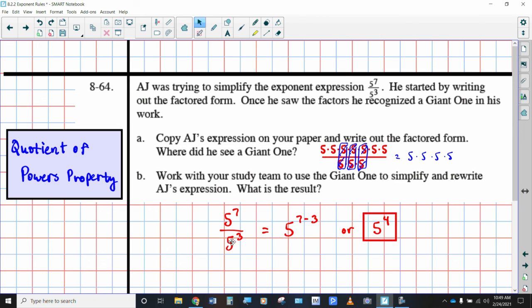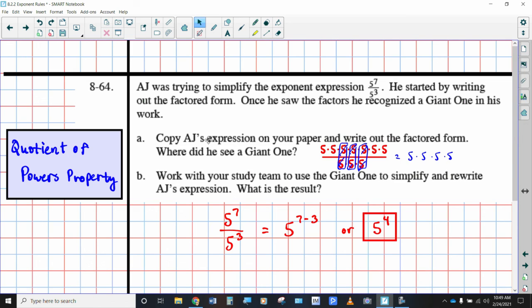So here's the rule. When we were multiplying powers together, you added the exponents. So now when we are dividing powers that have the same base, you are going to keep your base and you're going to subtract the exponents. And you see the subtraction is because of the giant ones that are being cleared out of there.